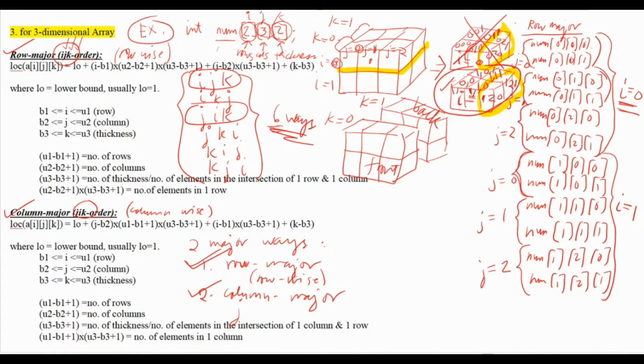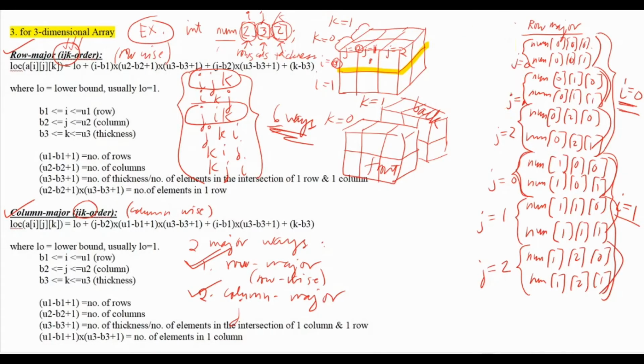So the first column, second column, third column, and going to the second row we list them again by column. This is the first column, second column, and third column of the second row. So this is how they are arranged in the RAM.